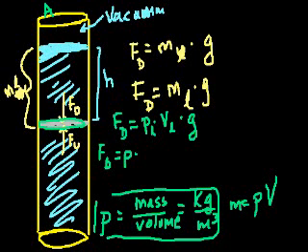So that is just times the height times the area, and then times gravity. Fair enough. So we've now figured out, if we knew the density, this height, the cross-sectional area, and the gravitational constant, we would know the force coming down.